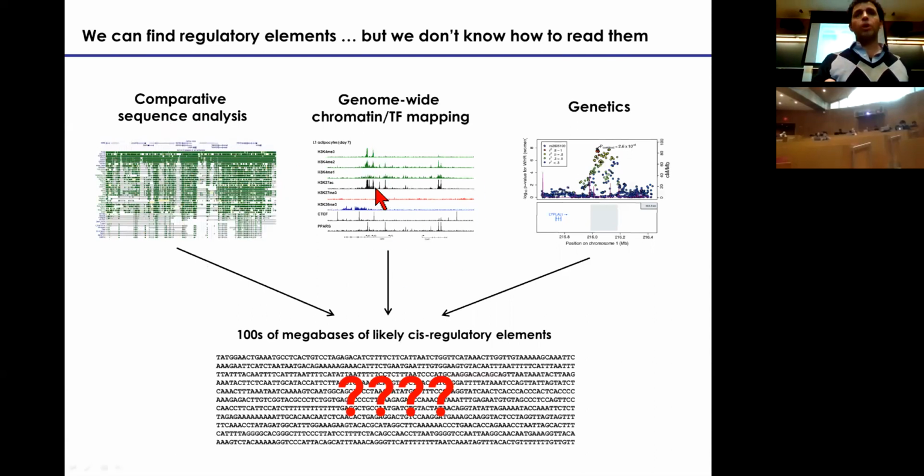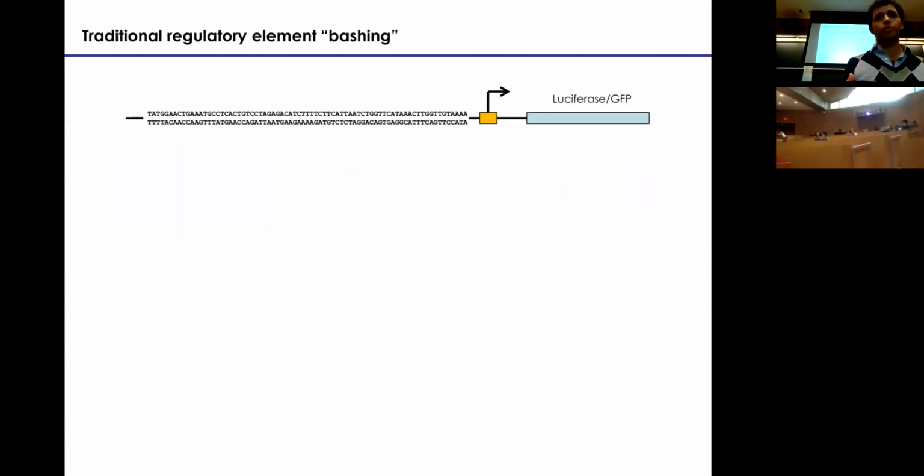Through epigenomics, we can recognize where and when these elements are active across different cell types and tissues and conditions. Through genetics, we can map mutations that can disrupt these elements and ultimately lead to disease. But what we end up with is hundreds of megabases of cis-regulatory elements without the ability to perturb them in very high resolution and very high throughput.